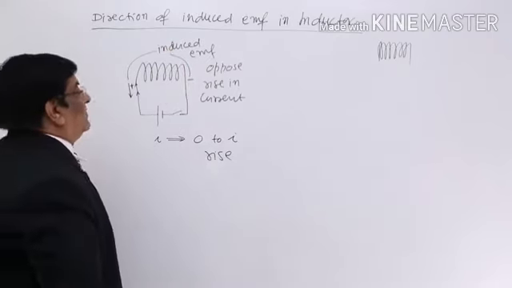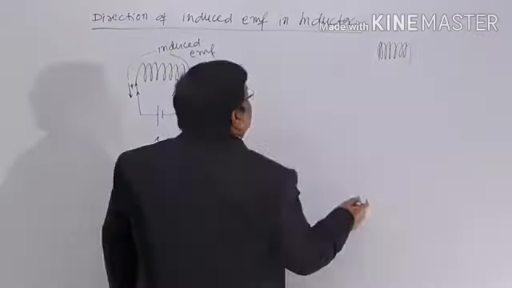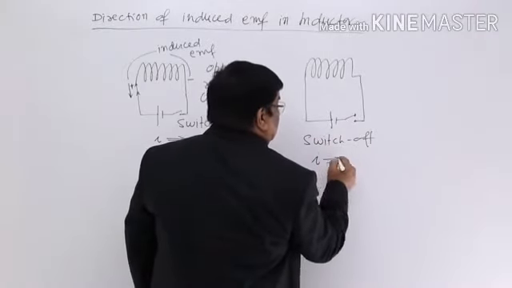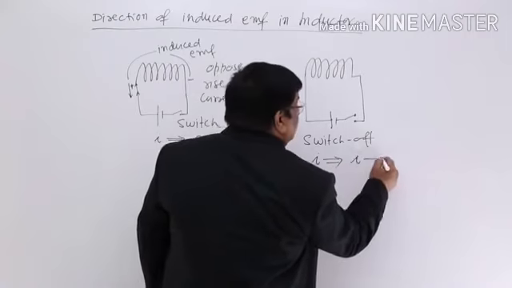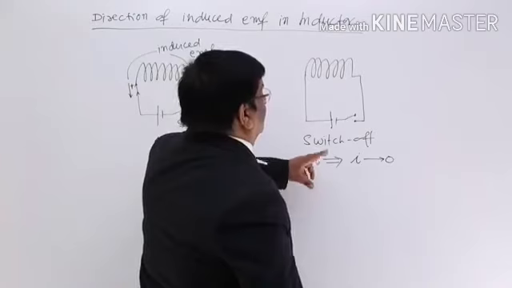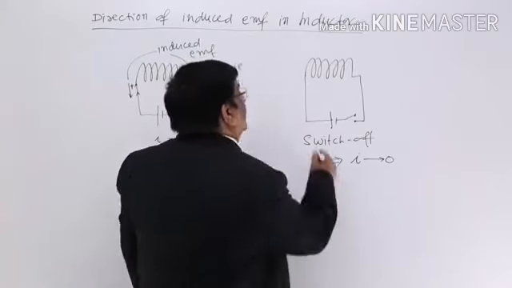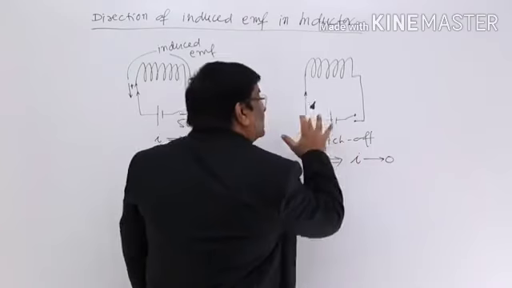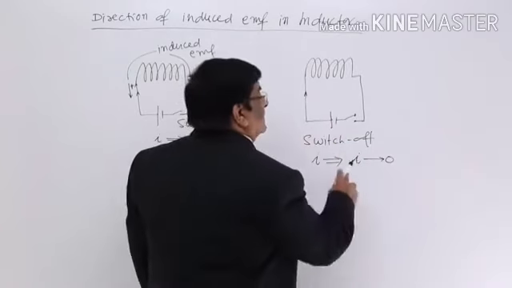Okay. Now, in the second case, during the condition of switch off, the current changes from I to 0. The current which was I comes down and becomes 0.